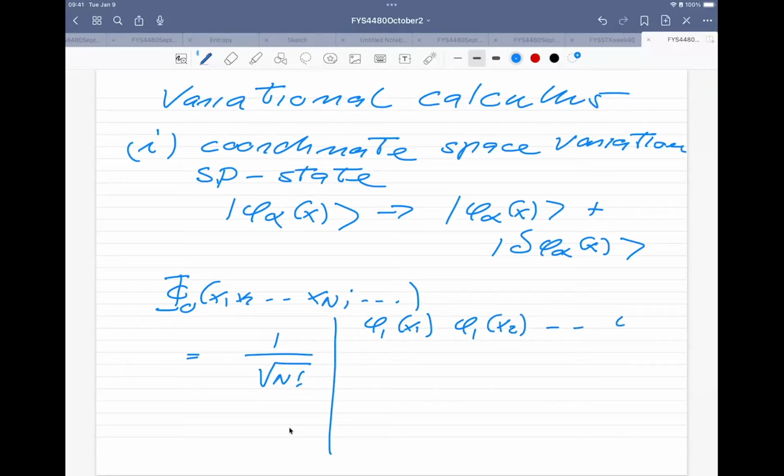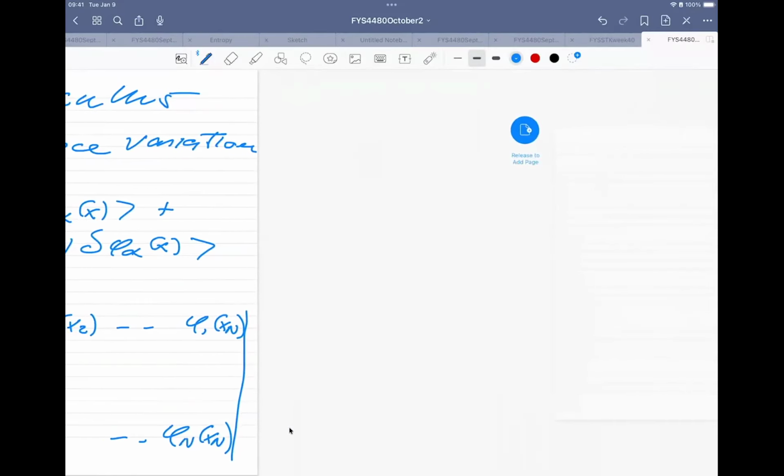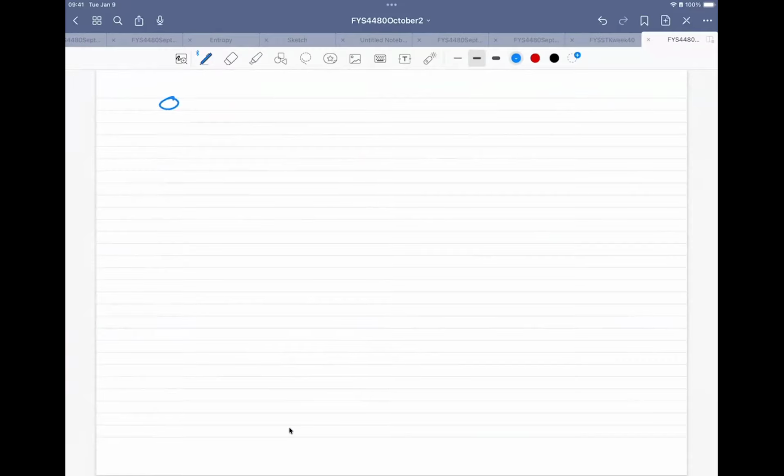So we have particles in the columns and the quantum numbers of the system as rows. So we have a phi 2 of x1, and this goes down all the way to phi n of xn. So this is the kind of system which we have been discussing up and down, and this is the Slater determinant. And that single particle basis which we have chosen is an orthogonal and normalized basis.